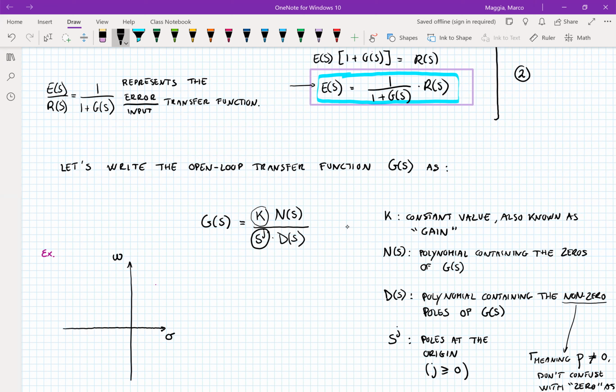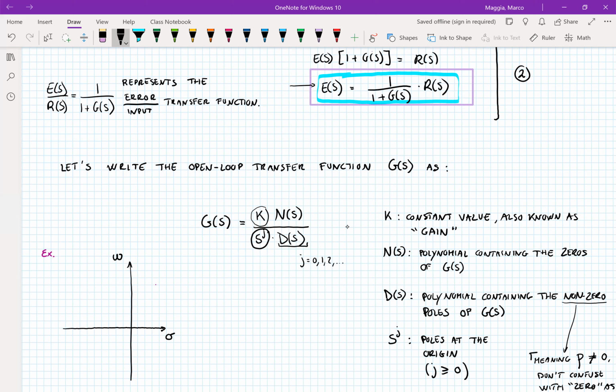J is an integer or a natural number, can be equal to 0, 1, 2, any number. It depends on how many poles of G of S at the origin we have. D of S instead is another polynomial that does not contain roots equal to 0.